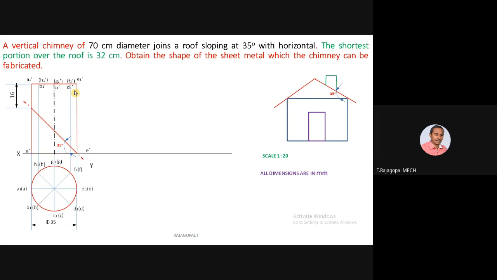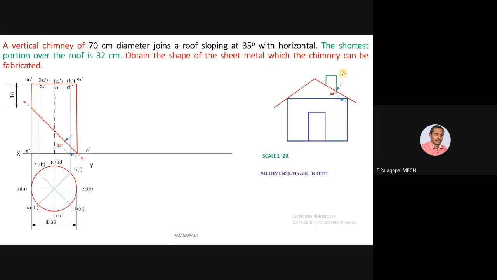I hope you people also solved many problems with this condition. If you refer to this problem, it is entirely new. Here, above the section plane is the remaining portion of the solid, and below the section plane is the removed portion of the solid. You have to be very careful, and also it's very new to you people.